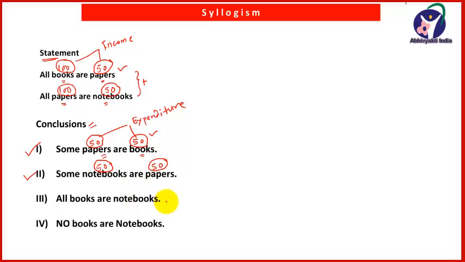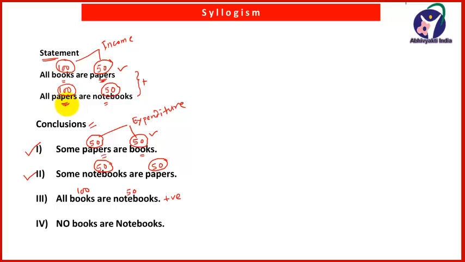Here all books are notebooks, which is also positive, so the first rule is satisfied. When the statement begins with all, books will get 100 and notebooks will get 50. To combine these two statements we require one common element, and that common element here is papers. That is also satisfied.